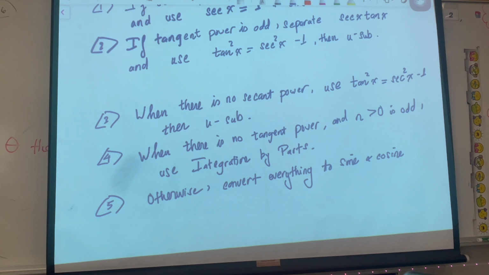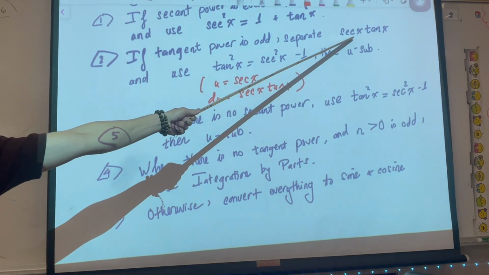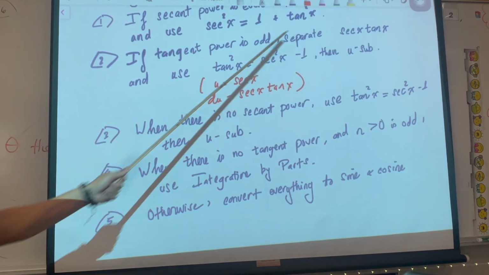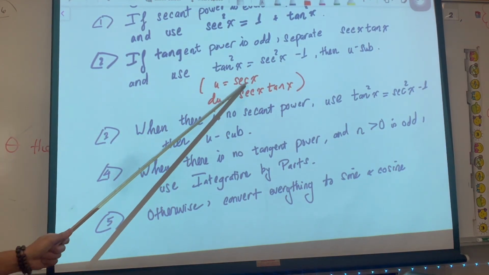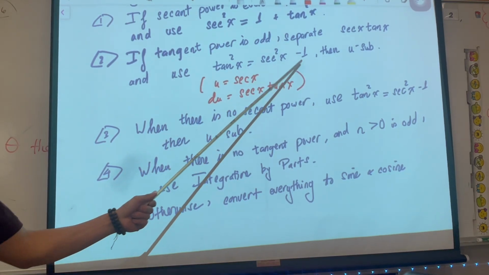The reason why is u equals secant. Du will be equal to, what's the derivative of secant? That's right, secant tangent. That's the reason why we separate the secant and tangent. Then u sub will be equal to secant, and every time you see the tangent, you're gonna convert back to secant square minus 1.